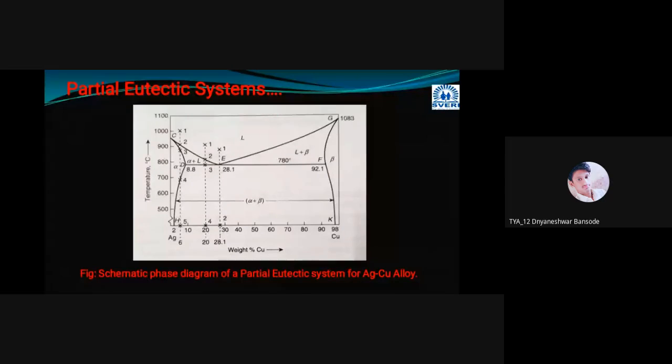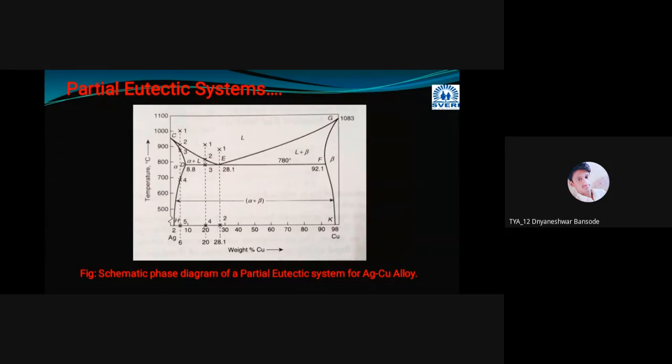There again, you have to consider two alloys. One I have shown here after point D in the left hand corner, and here I have not shown that curve. After point F, you can consider one curve, but in these two curves no eutectic transformation occurs. That's why you just have to consider the cooling of the alloy by indicating that composition.